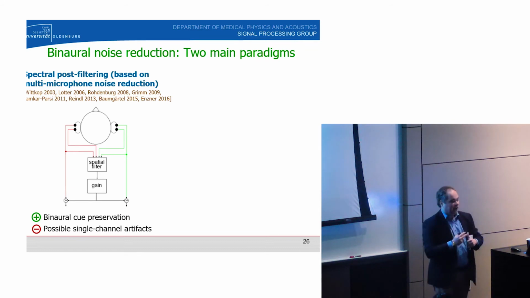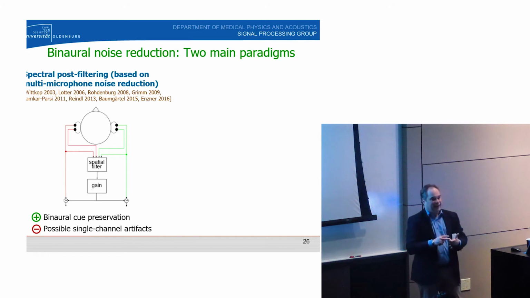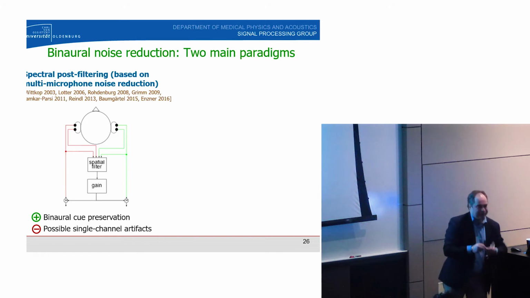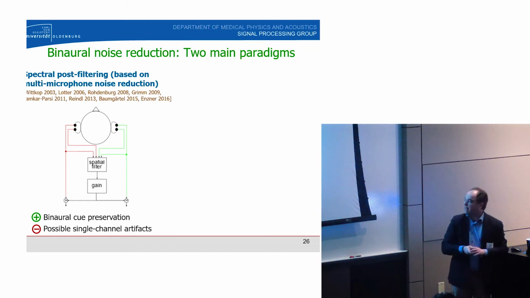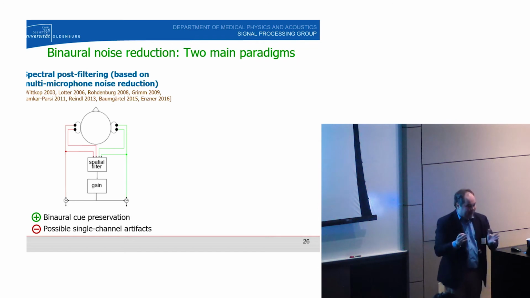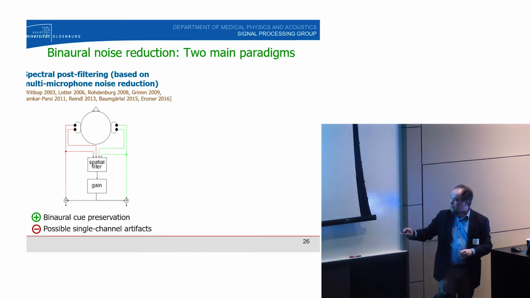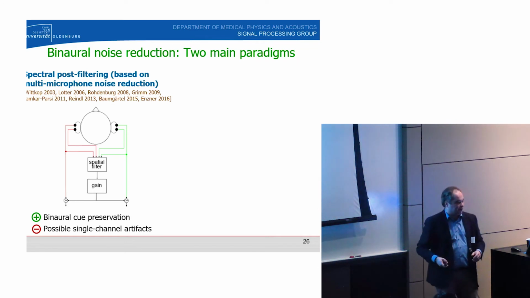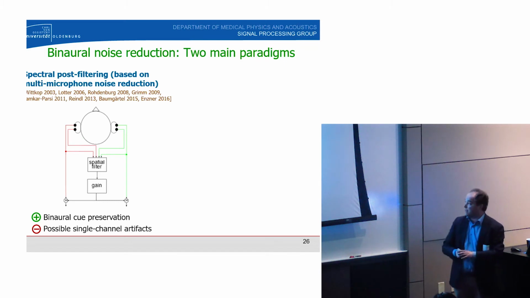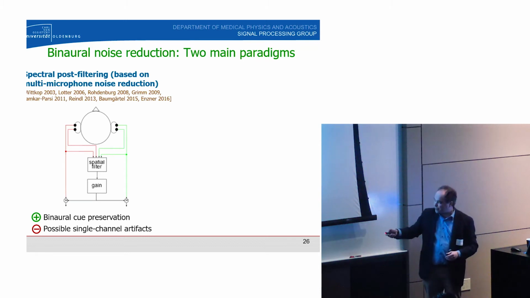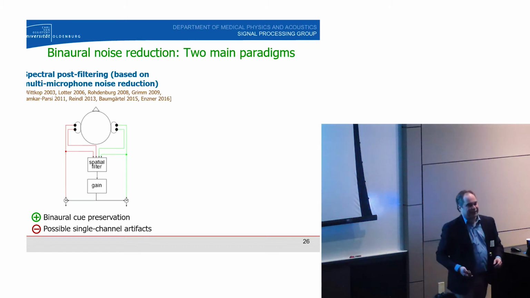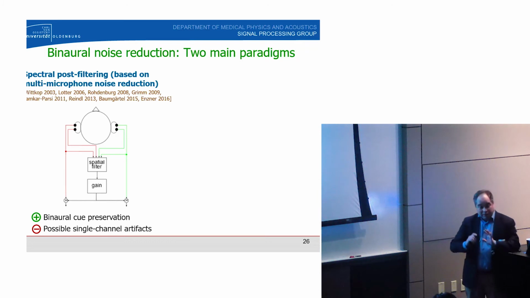You will not change the ILD cues, definitely, ITD cues also not, but actually you will change some kind of inter-envelope cue. But basically it's still quite good if you can compute a gain with whatever spatial filter you actually like, even generating just a monaural signal, you can compute it on both sides. I would say that definitely preserves the binaural cues. There are possibly some artifacts, although with all the newest technology available, I should maybe also cancel out this kind of negative point.